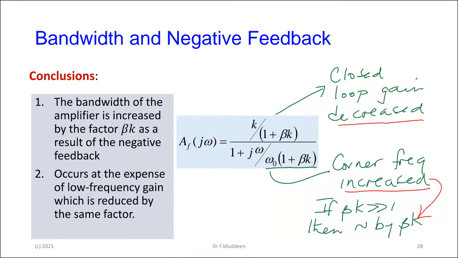So you're getting a trade-off here. You're getting increased bandwidth, but at the expense of the gain of the system. And I don't know if you remember coming across, or being mentioned to you in level 1, something called the gain bandwidth product.